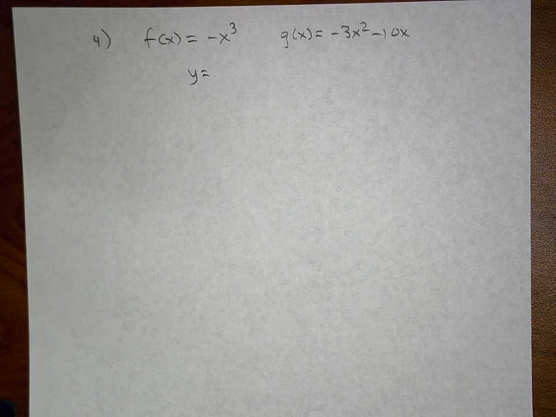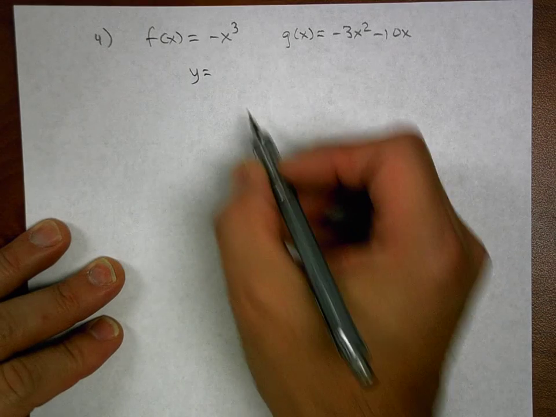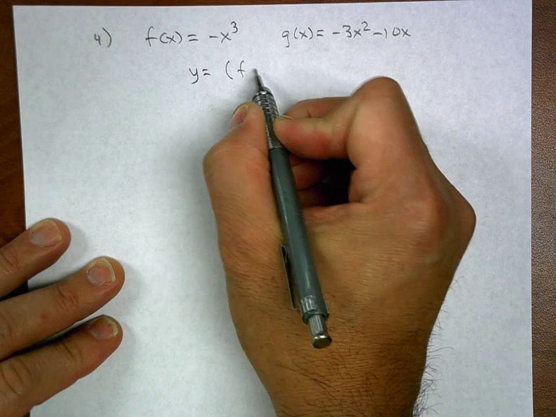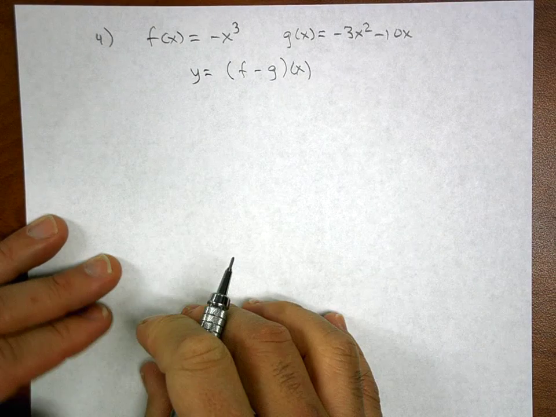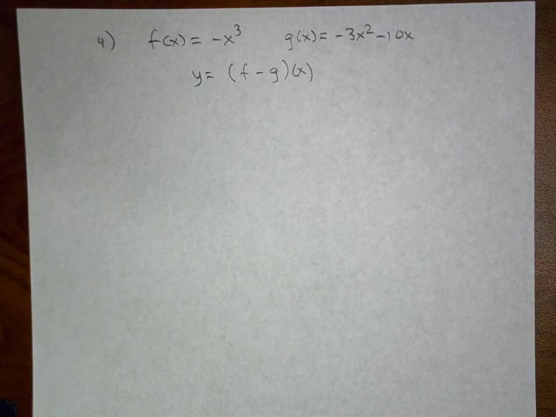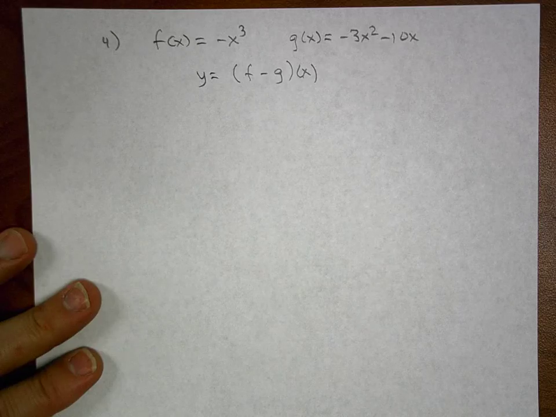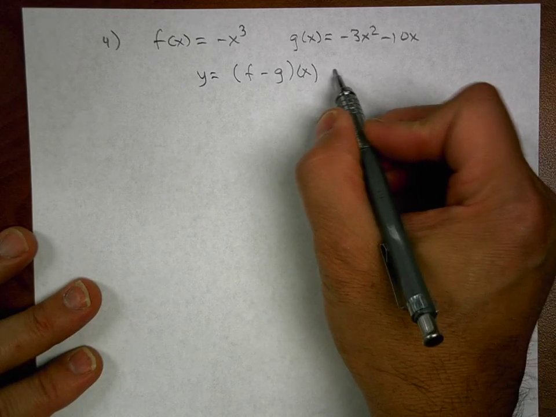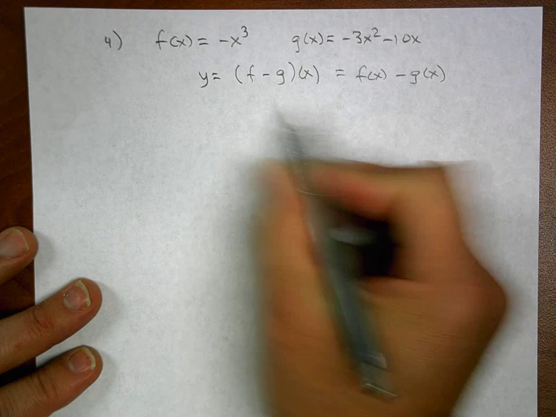And I want you to sketch f minus g of x. So f minus g of x is literally, if you want to write it, f of x minus g of x. That's just another way to write that.